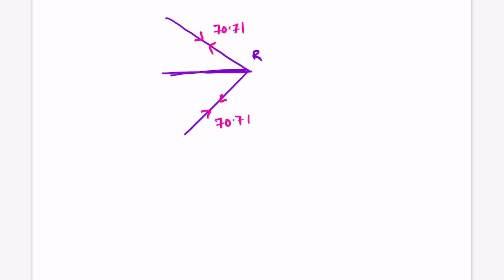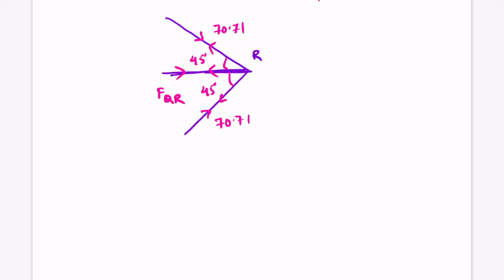Here also we have assumed the force initially to be tensile, so FQR. Now this angle is 45 degree given, and this angle is also equal to 45 degree.